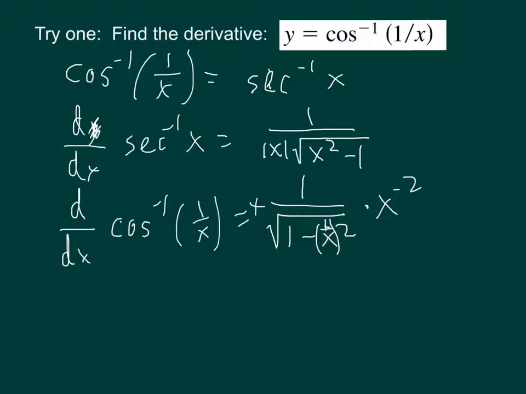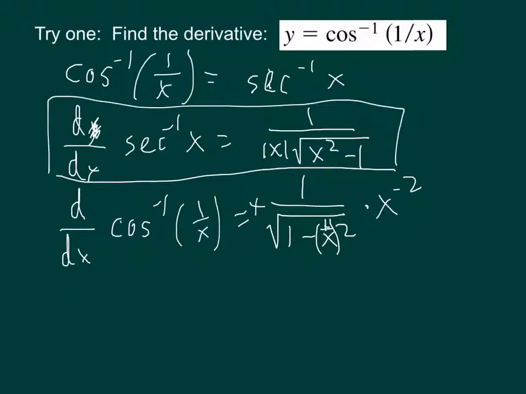So there are kind of two ways you could do this one. I think most people will use the trig property to get that first answer, just because you want to be able to recognize that the inverse cosine of 1 over x is the same thing as the inverse secant of x. So that would probably be the more common answer.